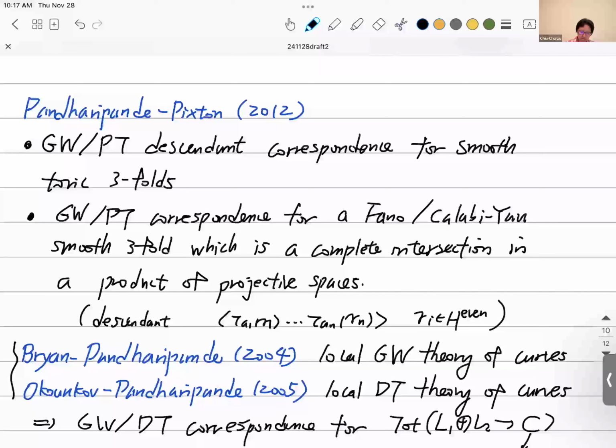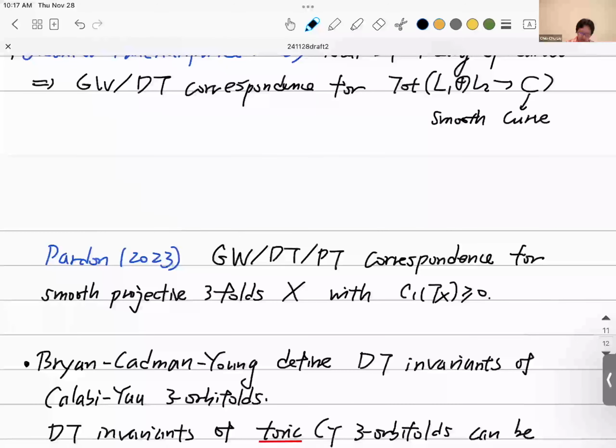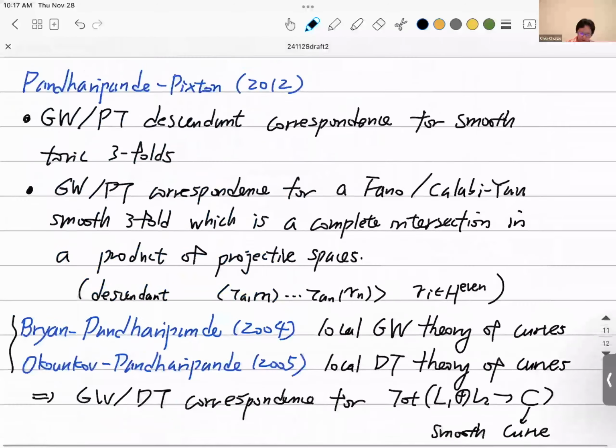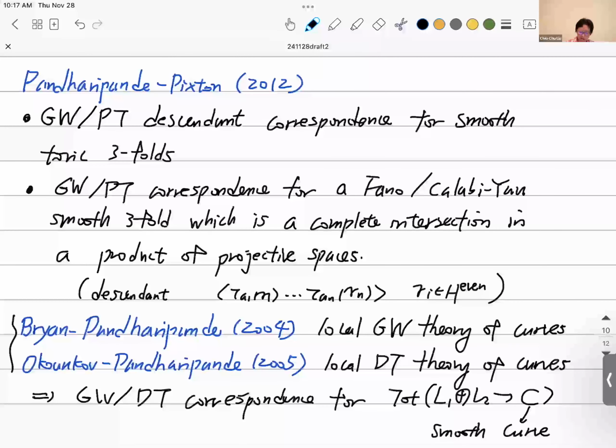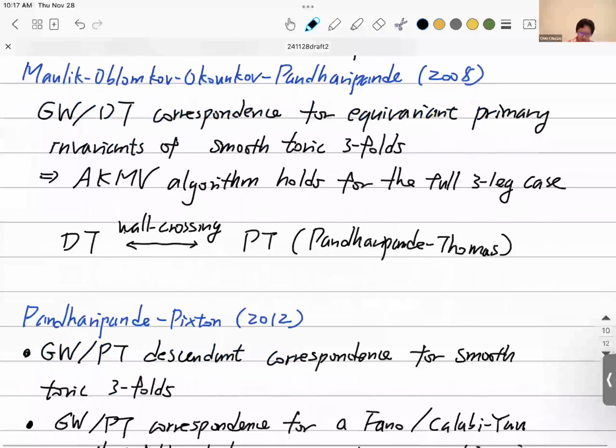And then they prove it when you have a smooth Calabi-Yau threefold which is a complete intersection in a product of projective spaces. So in any case, there are three classes of examples, but they are special cases. And Pardon can prove... before, there were conjectures by MNOP, right?